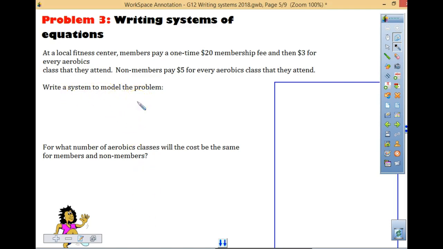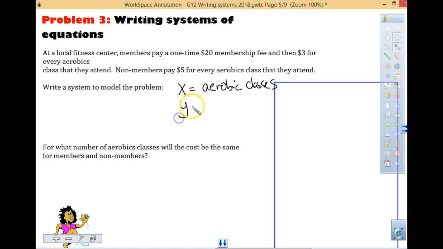Do we have a rate per class that we are charged? Yeah. So we are going to say x is equal to our aerobics classes, because the question asks us, when is the cost the same for the number of aerobics classes? Like, how many classes can you take that it's the same? So x is going to be our aerobics classes, and y is going to be our cost, or how much money we spend.